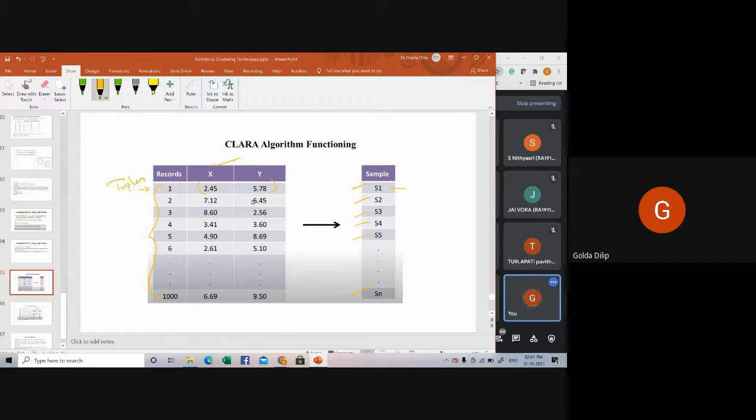That's how samples are drawn from the records. And what is the next step after the samples are drawn? Just to check, apply k-medoids. Yes, very good. Apply the k-medoids technique. So that's what it says.